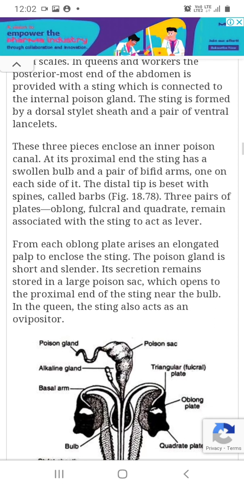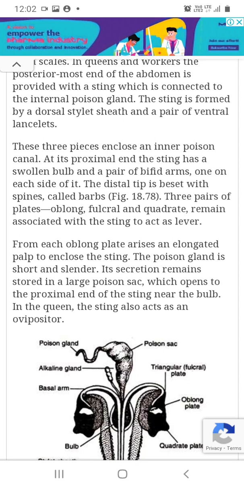The sting is actually a hollow structure which is formed by a stylet which forms the dorsal side, and the pair of ventral lancet. Lancets have spines on their surface. It is these lancets that get stuck in the skin.